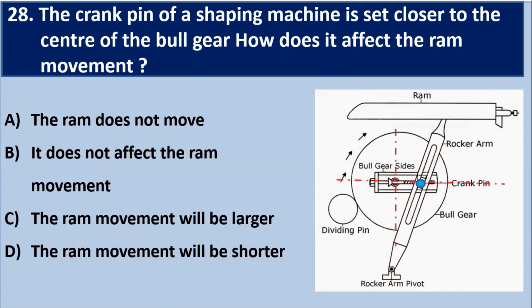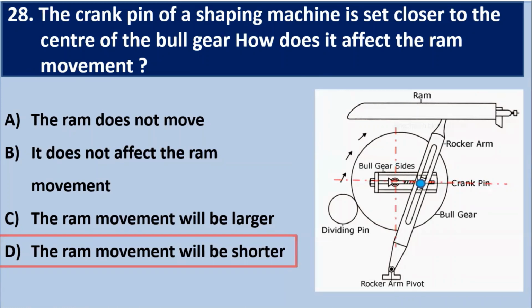But as you increase the distance of the crank pin from the center of the bull gear, at that time the stroke length will be greater. So in our case, they have asked the question, the crank pin of the shaping machine is set closer. So if you set it closer, at that time the ram movement will be shorter. So your answer is D.